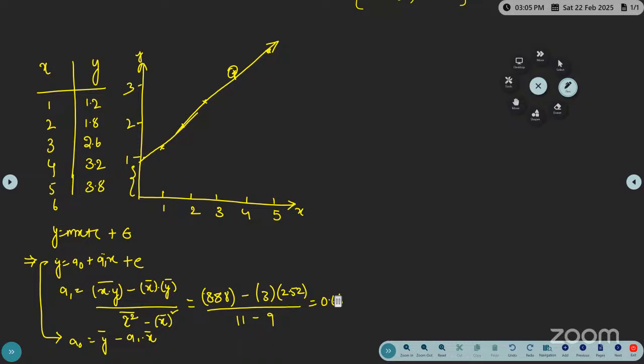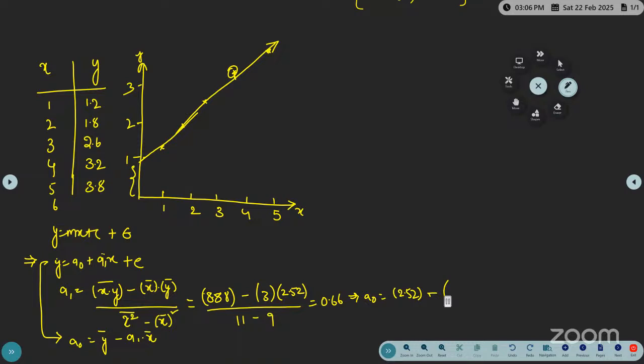Now in order to calculate A naught, we have a y mean value here, right? Which is 2.52. A naught equals y mean, and y mean is nothing but 2.52, minus A1 into X mean.